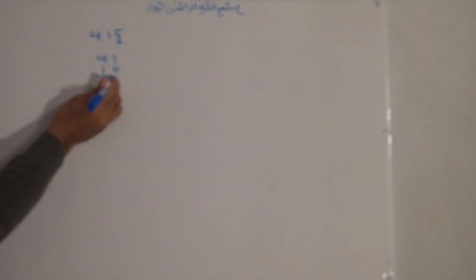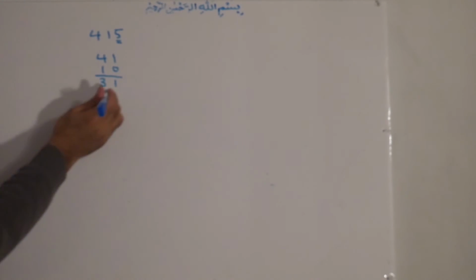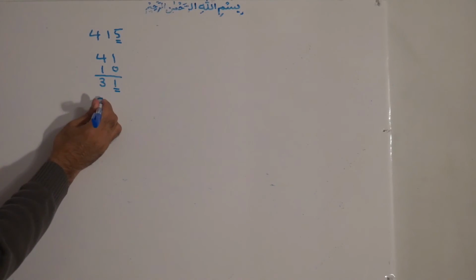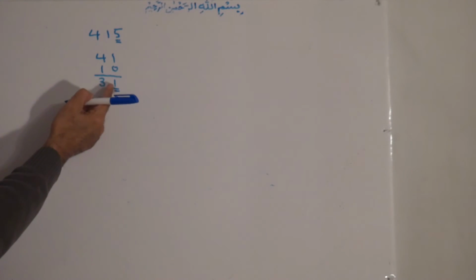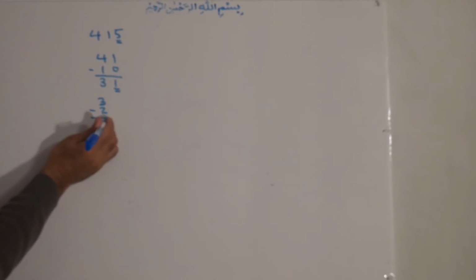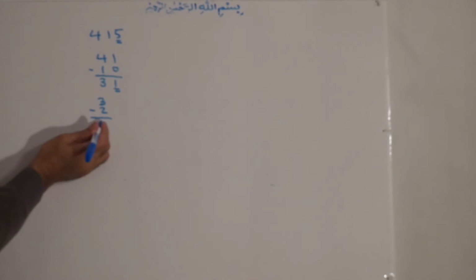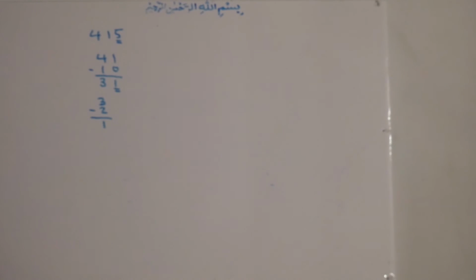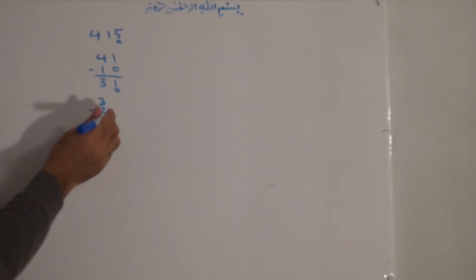Then 41 minus 10 is 31. Then we omit the 1 and make it times 2. 1 times 2 is 2. Then 3 minus 2 is 1. Because the remaining number is 1, not 0 and not 7, this is not divisible by 7.